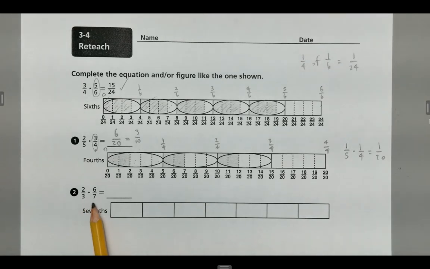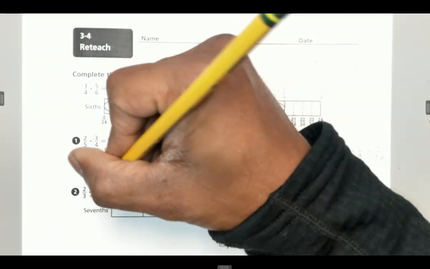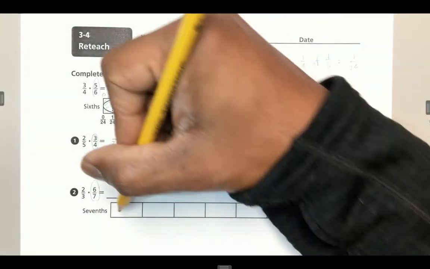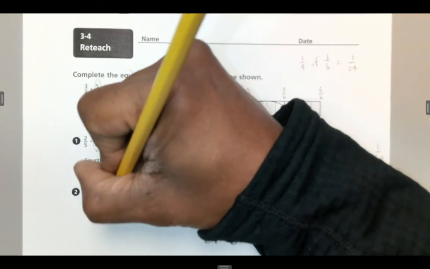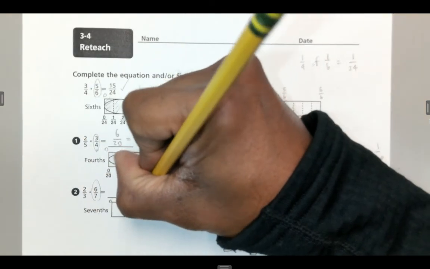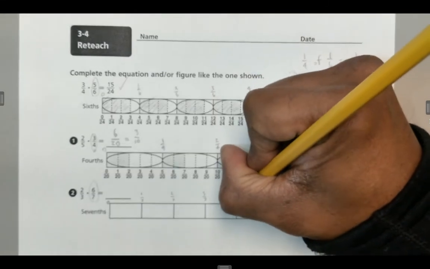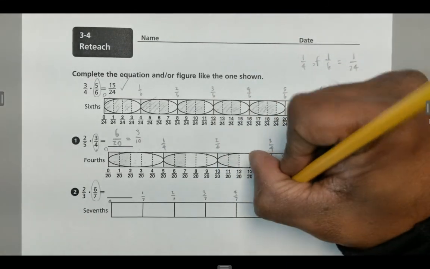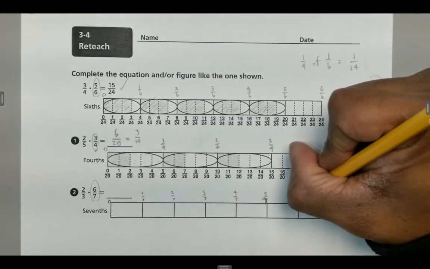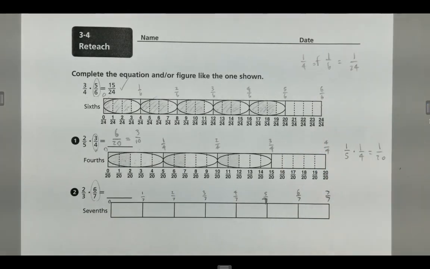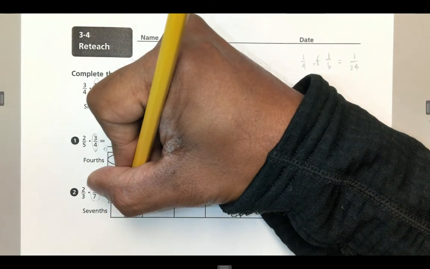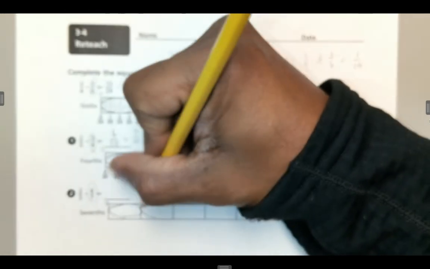Next problem, 2/3 times 6/7. Okay, so again, let's use circles to show the 6/7. And I'll label this 0, 1/7, 2/7, 3/7, 4/7, 5/7, 6/7, 7/7 or a whole. I'm going to circle off 6 of those.